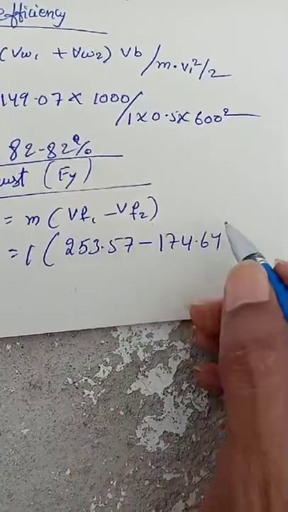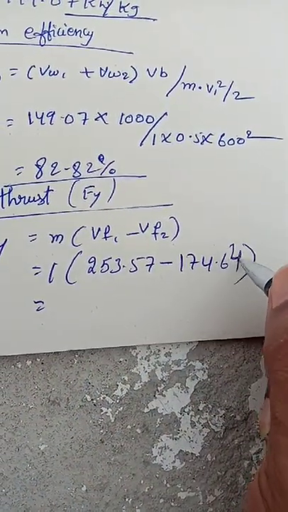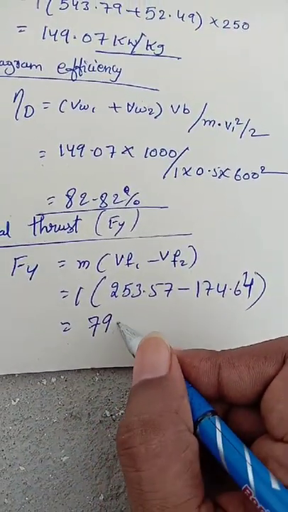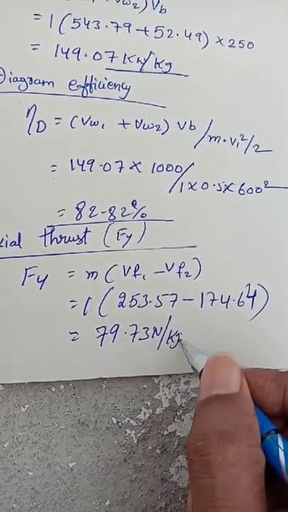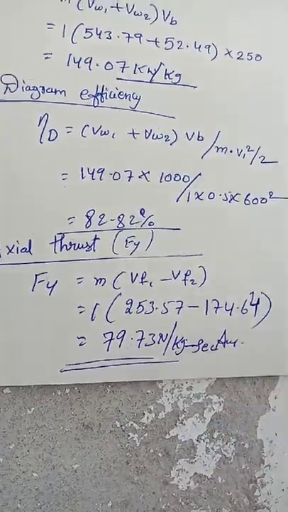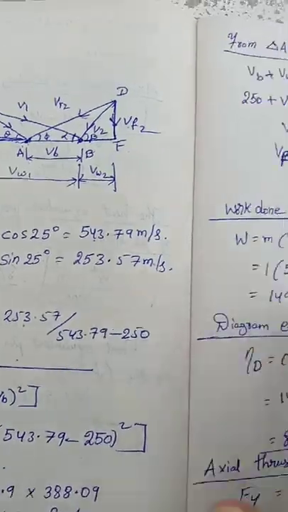So now calculate this. We'll get the answer 79.73 Newton per kg per second. Okay, this is the answer. Right, this is the solution for this problem.